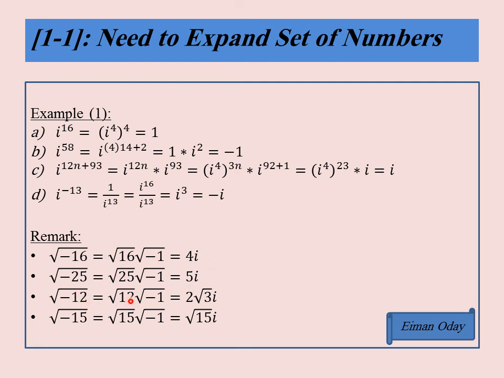Getting the square root of negative 12 is the square root of 12 multiplied by the square root of negative 1. This is i, and the root of 12 is 4 by 3. 2 gets out, and the 3 will remain under the root. And negative 15 is 15 by negative 1, but 15 cannot go out of the root, so it will stay as square root of 15 times i.